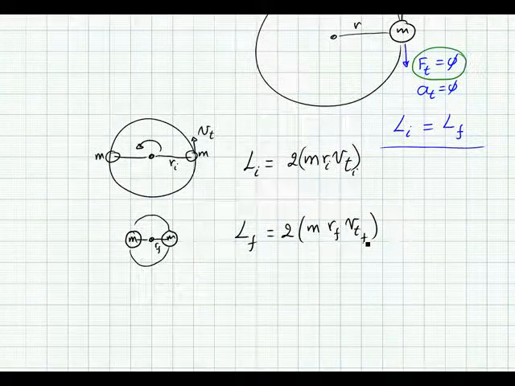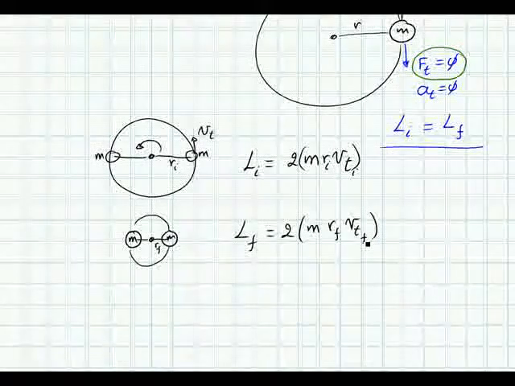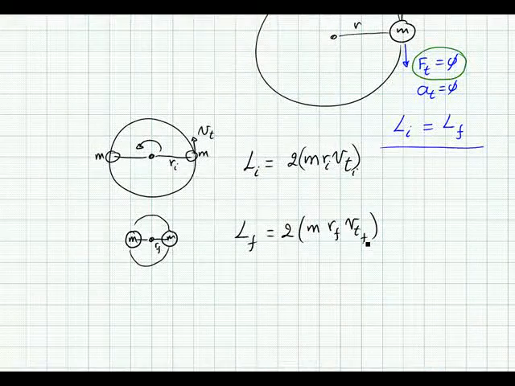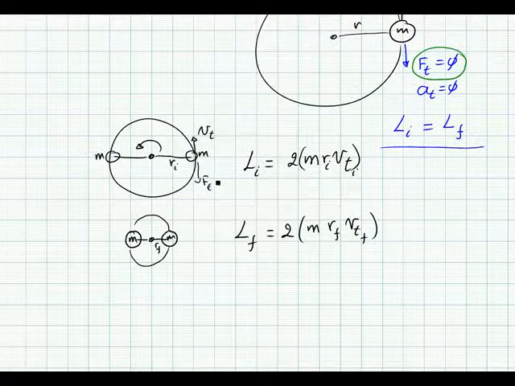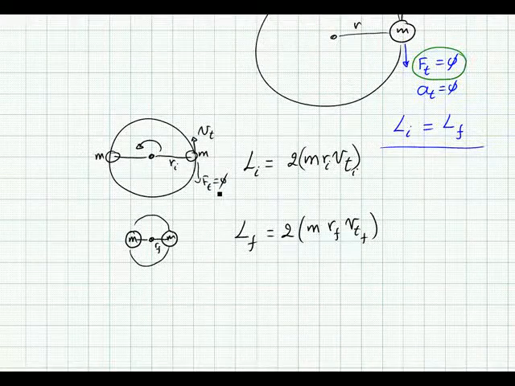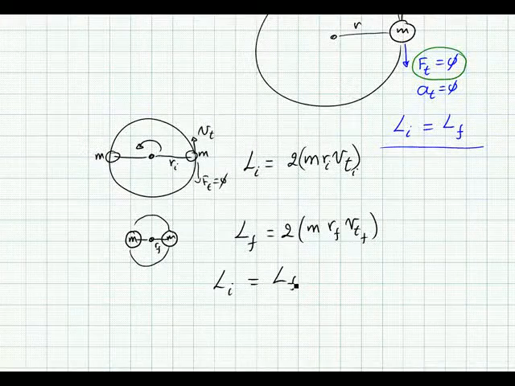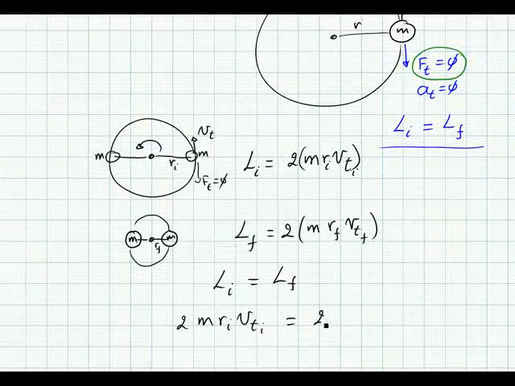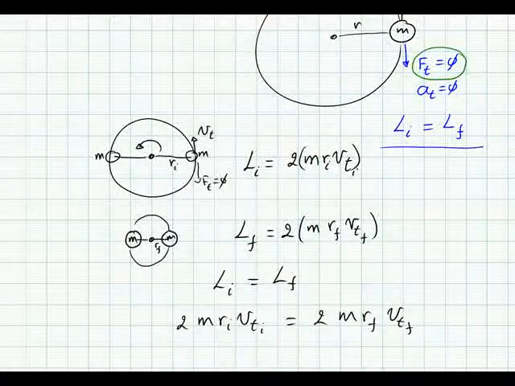and since there is no tangential force acting on our skater, she's skating on ice, so it's a frictionless surface, so there's no tangential force acting on the masses, Ft is 0, therefore we could argue that Li is equal to Lf, i.e. twice m r initial v tangential initial is equal to twice m r final v tangential final.